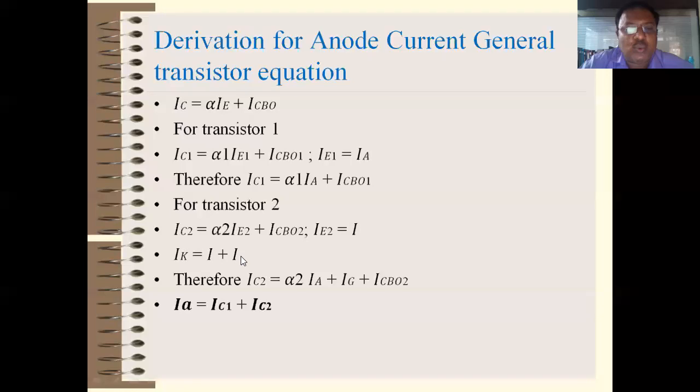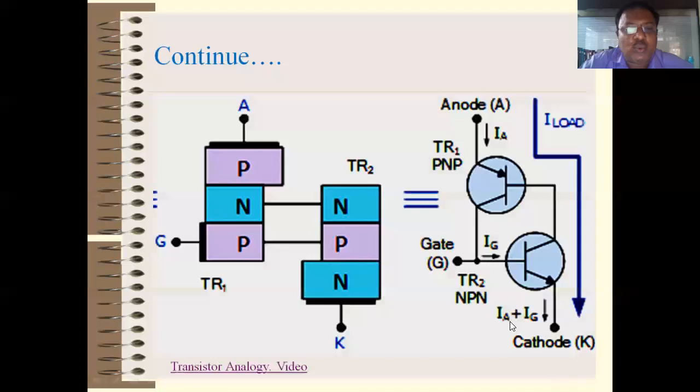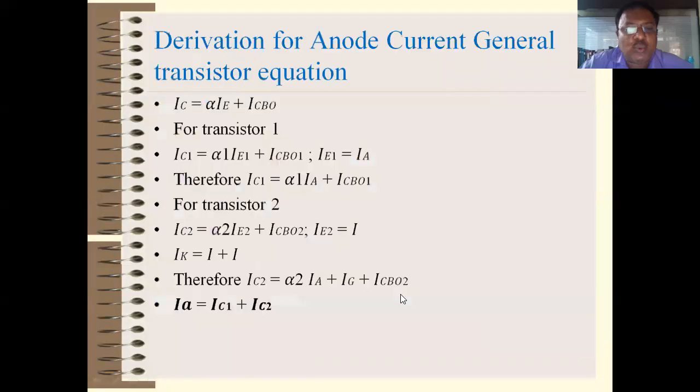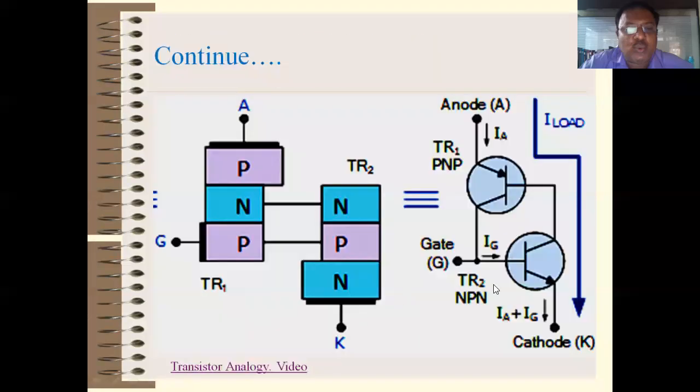So therefore IC2 equal to alpha 2 into (IA plus IG) plus ICBO2. That is already shown here, IA plus IG. So the total current is equal to IC1 plus IC2.